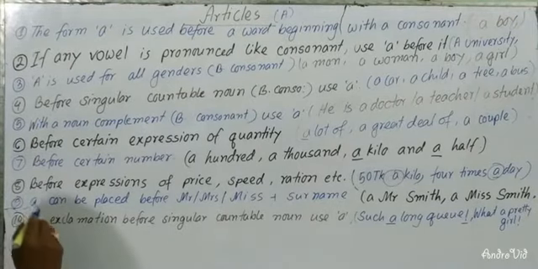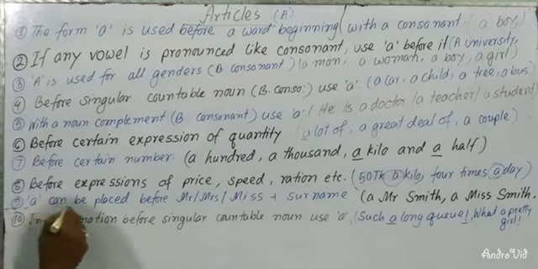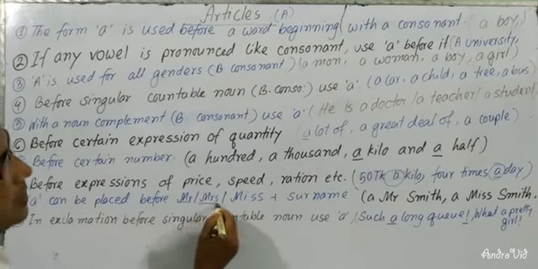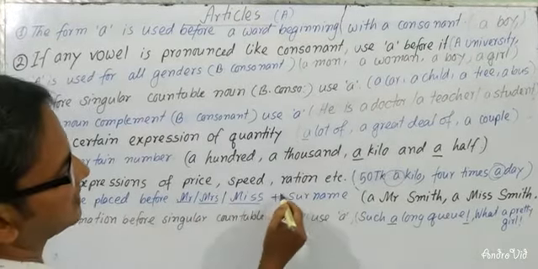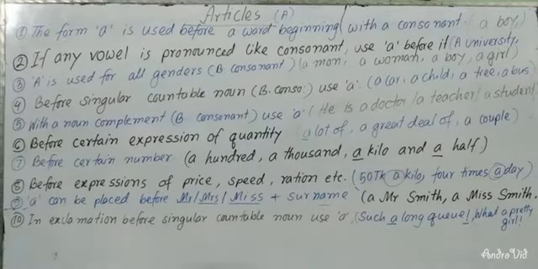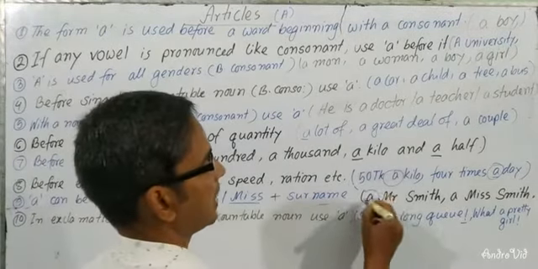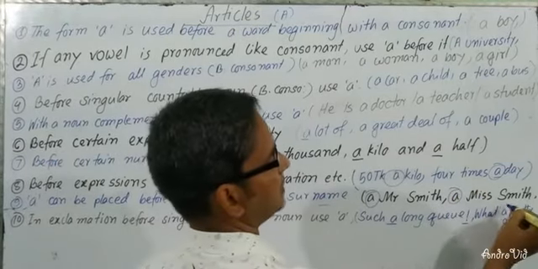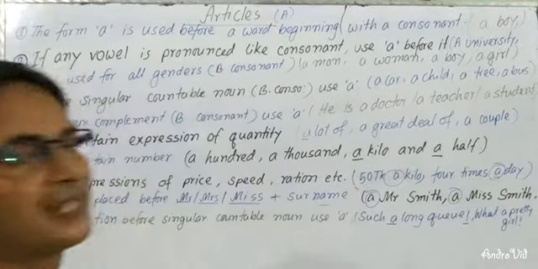Number 9, it can be placed before Mr., Mrs., Miss plus a surname. Here you can see Mr. Smith, Miss Smith, Mrs. Smith.